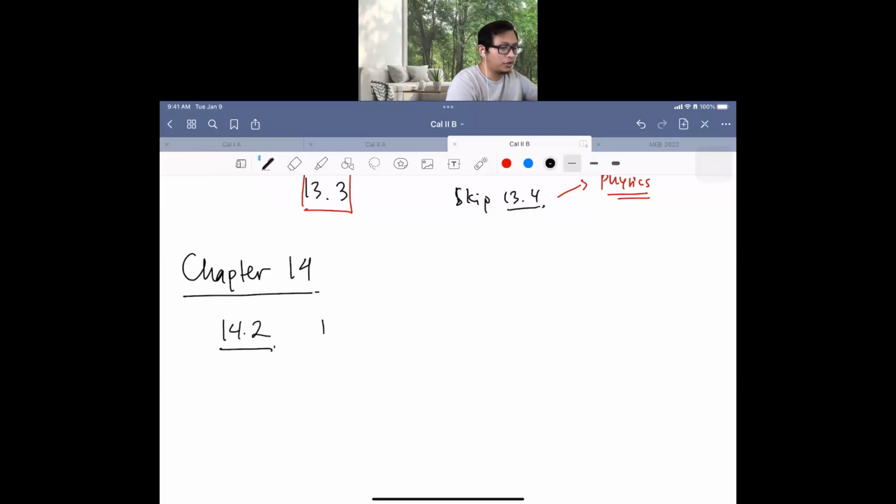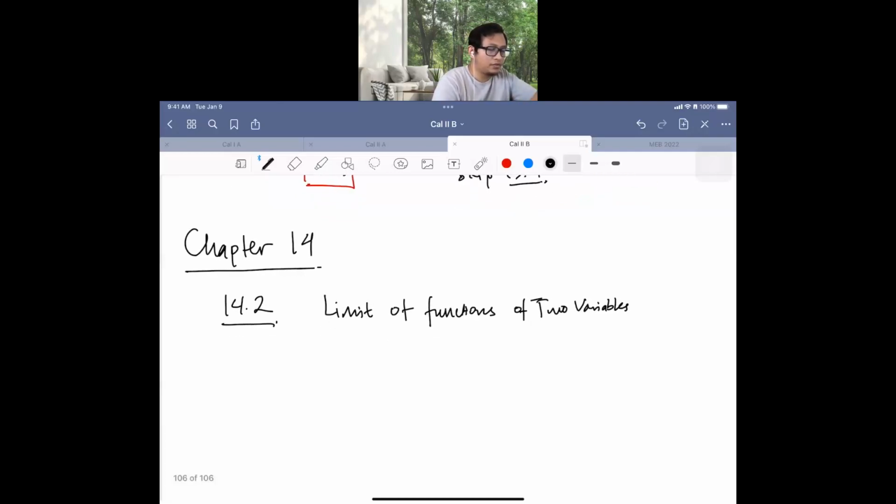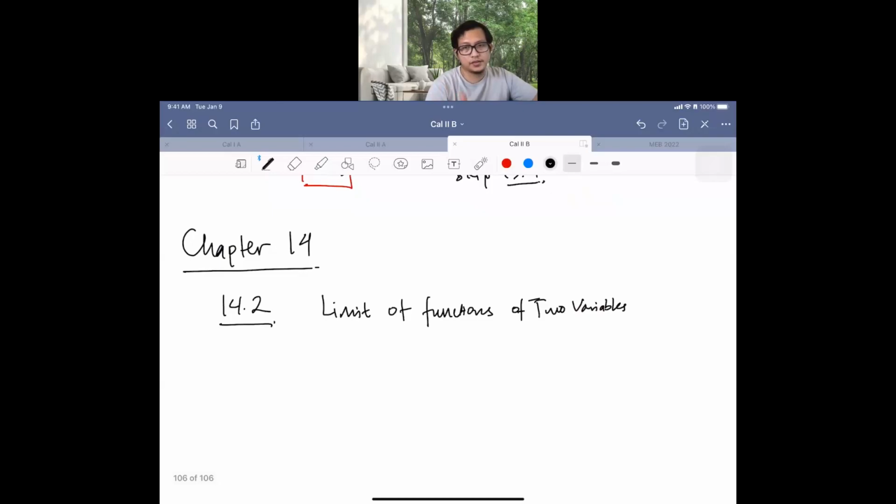Okay. We are starting with the limit of functions of two variables. Now, in previous calculus, mostly calculus 1, we are dealing with single variable.